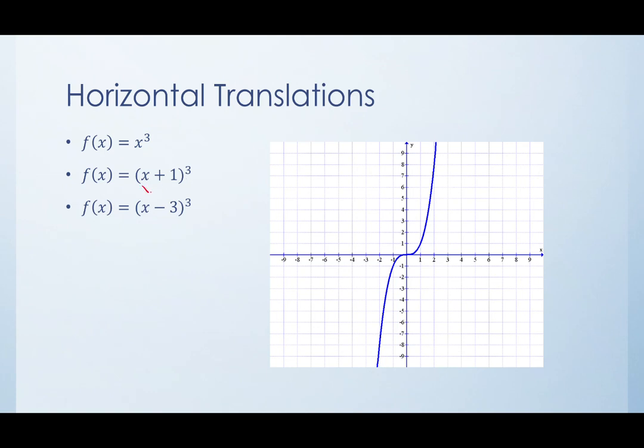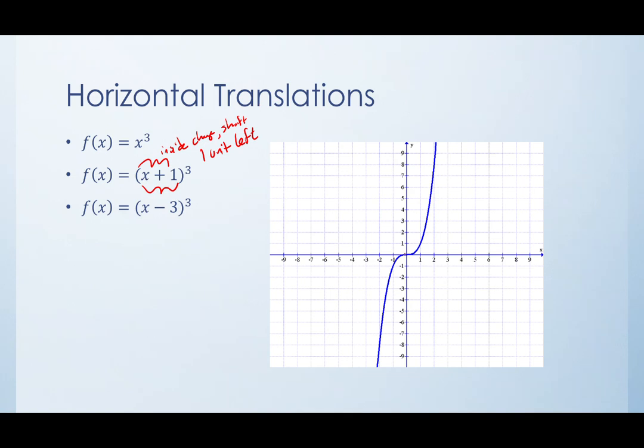So this one, we can look at this and we say, okay, it's almost like a composition of functions, right? I've got my inside change, and we're going to say, okay, if I plug in x equals negative 1, that'll make it f of 0. So this is 1 unit left that we're shifting.